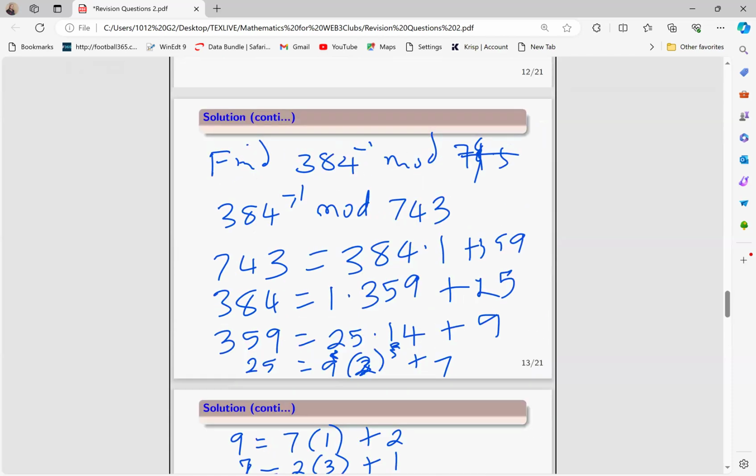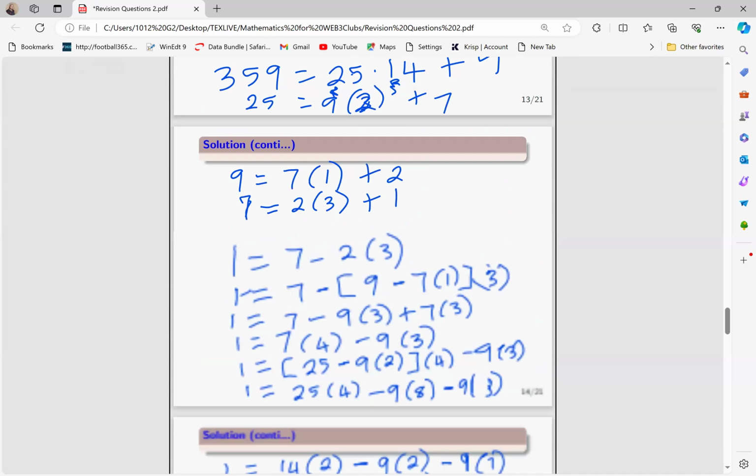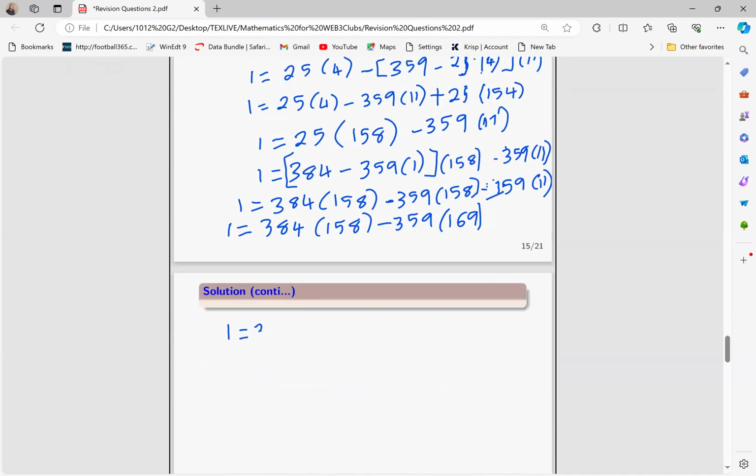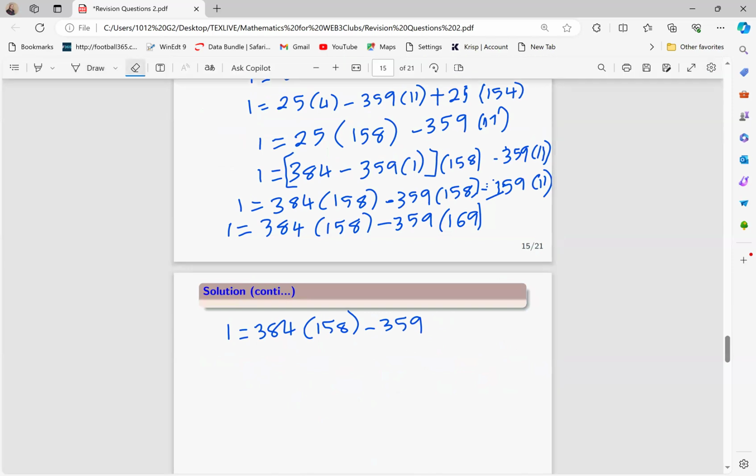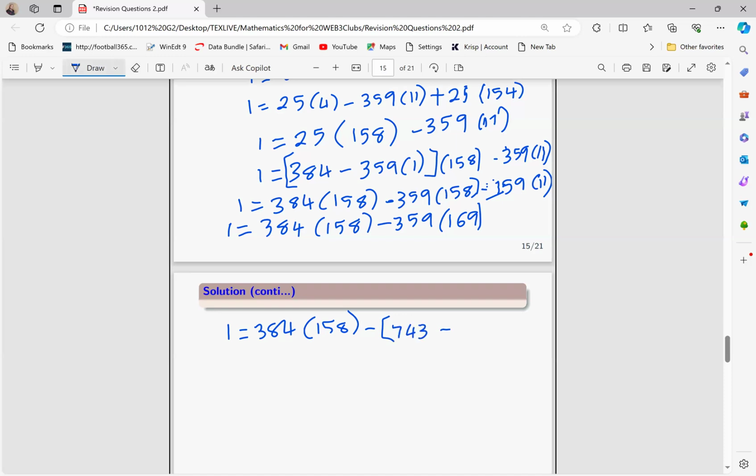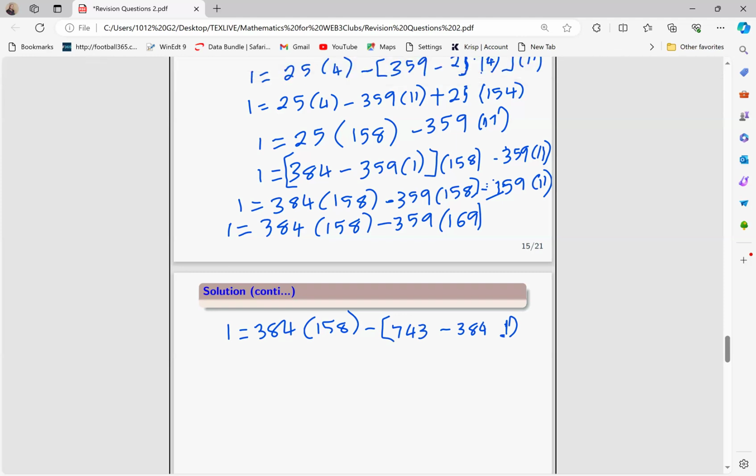So my next is 359. And this one is the bracket. Okay. 369.